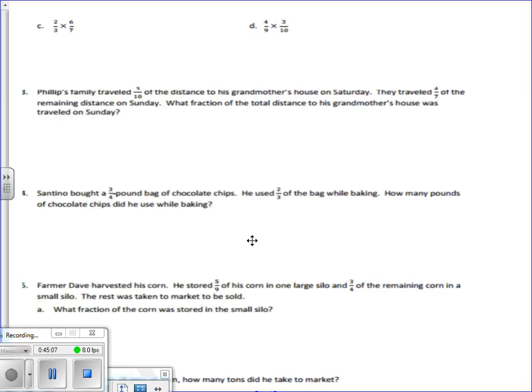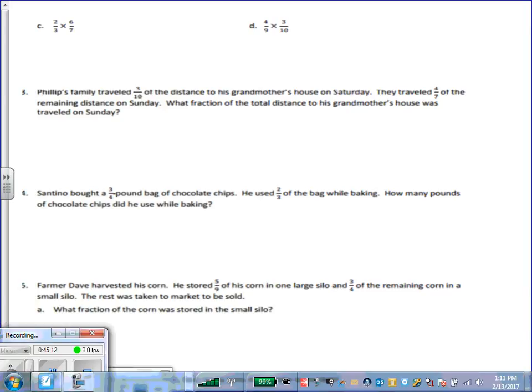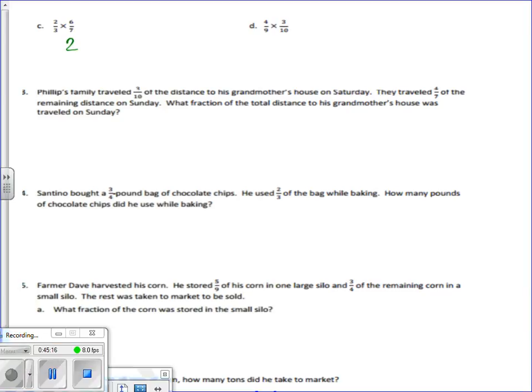Okay. Do C and D. I want to do the, so, 2 times 6 over 3 times 7. Do we see anything that has anything in common? 6 and 3.